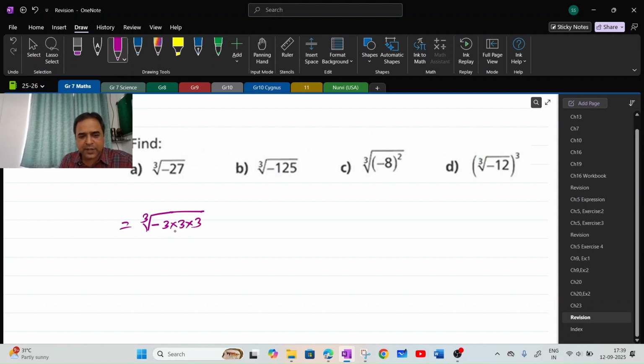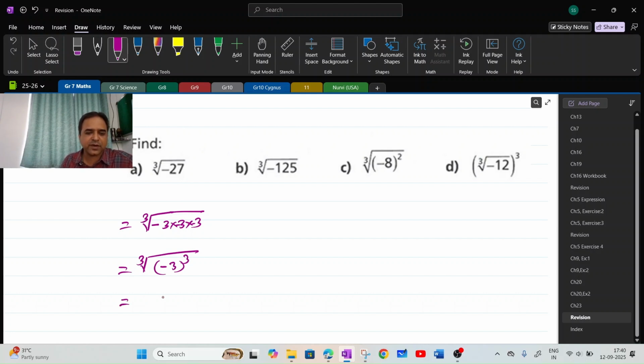I wanted to show you that this can be written as minus 3 to the power 3. See, minus 3 multiplied by minus 3 is making it positive 9. That positive 9 when multiplied with minus 3 becomes minus 27. So this is how this is coming.